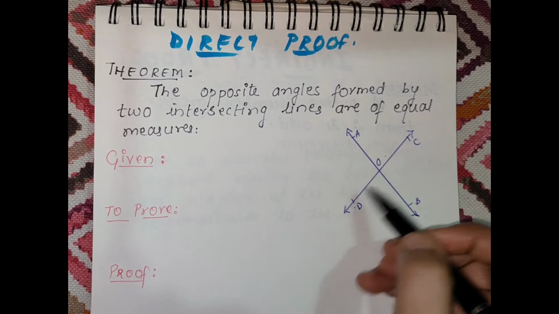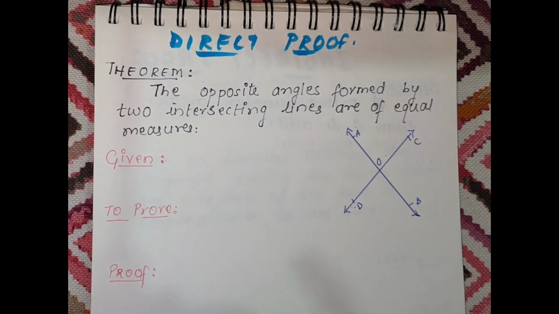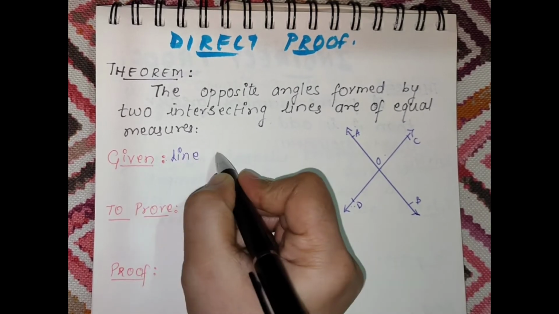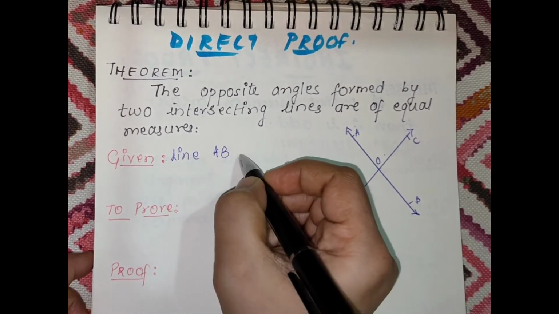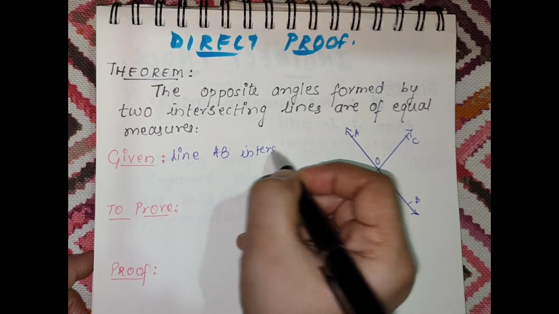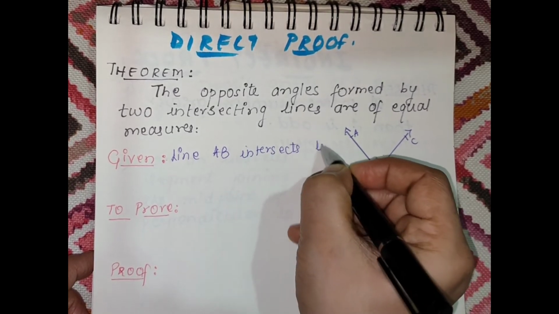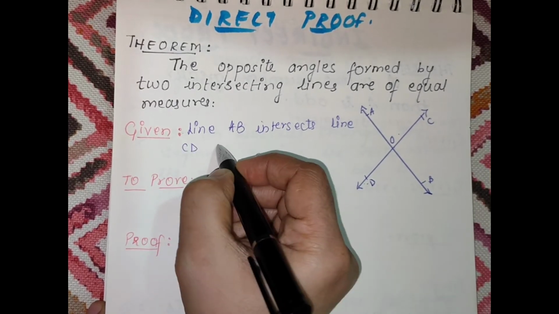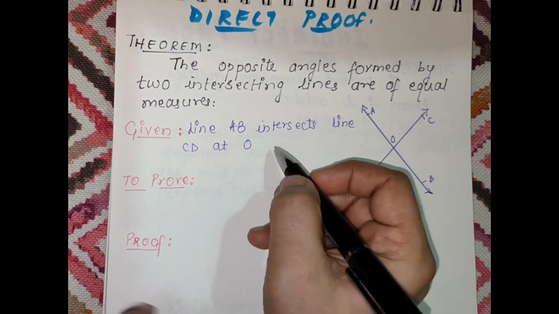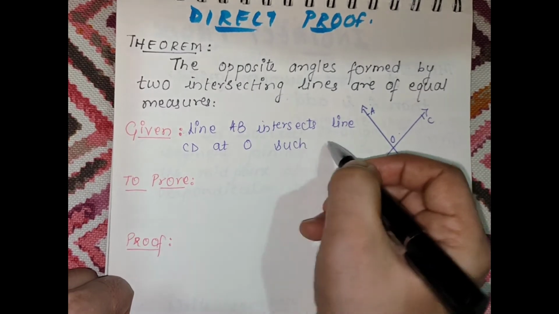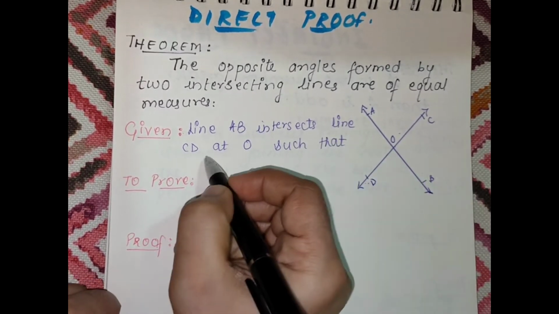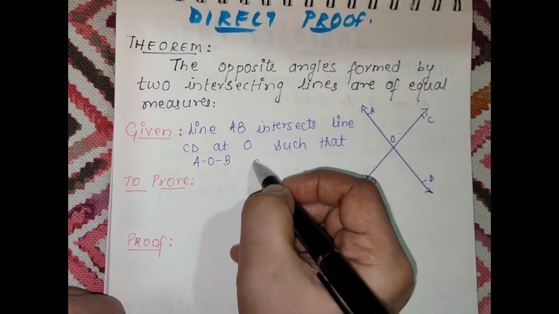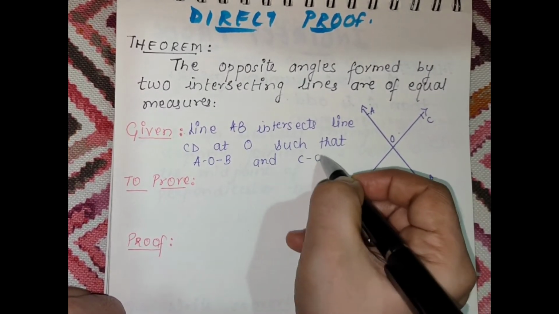These are the two intersecting lines you have to write.